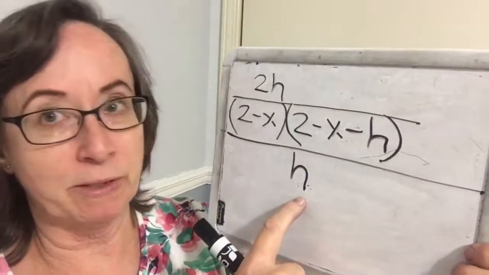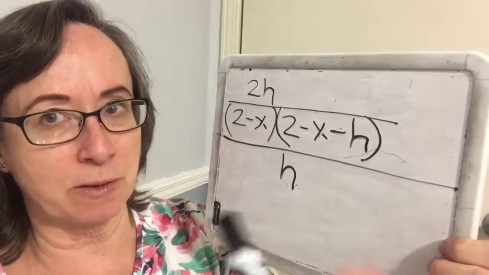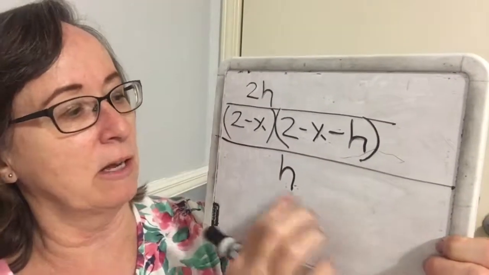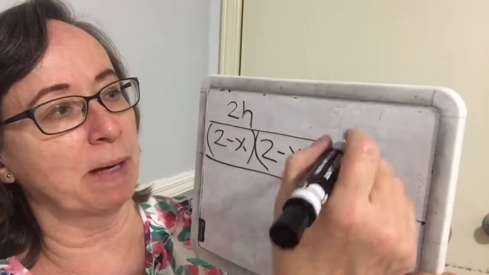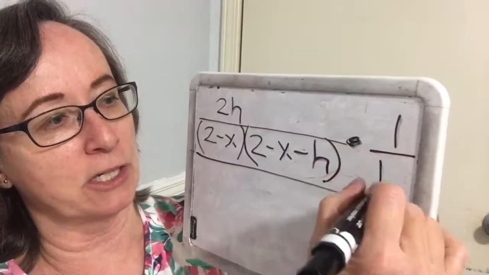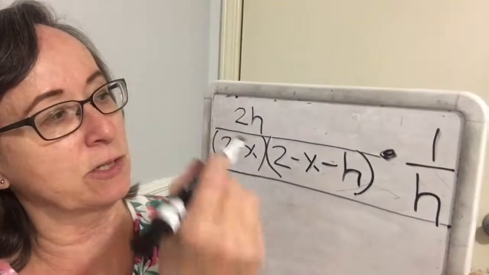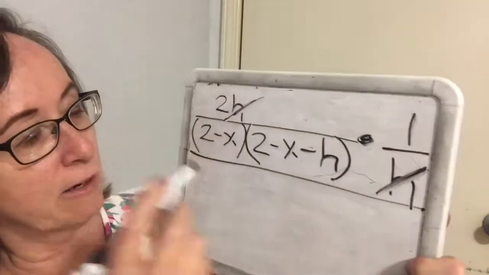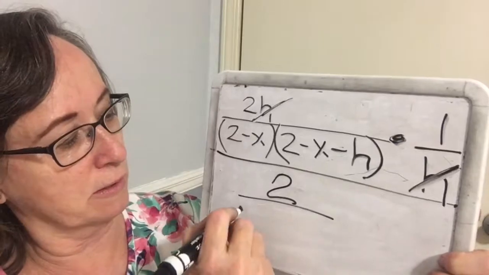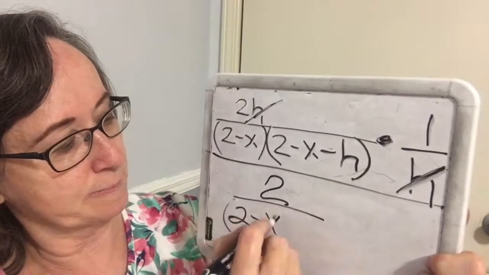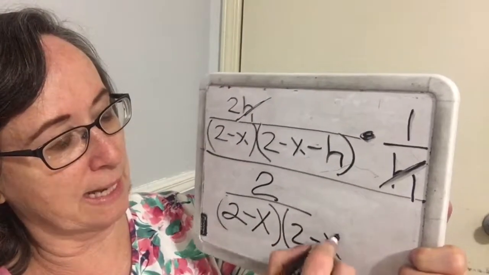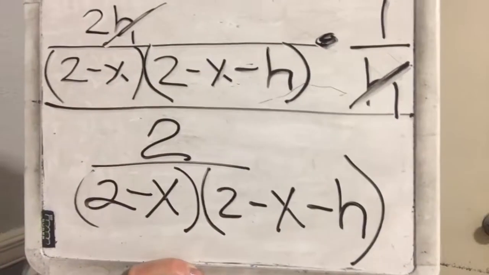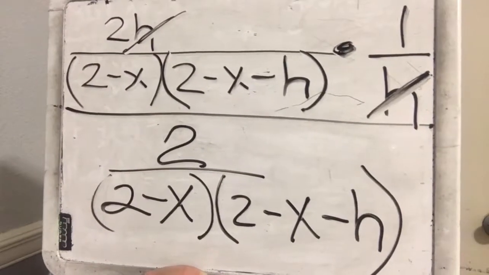Now remember, when we divide by h, that's the same thing as multiplying by 1 over h. So since I've already got a complex fraction here, we'll just divide by h by multiplying by 1 over h. And then it's maybe a little bit easier to see that this h and this h are going to cancel. And our final answer is 2 over 2 minus x, 2 minus x minus h. And that should be our difference quotient. And I believe it is.